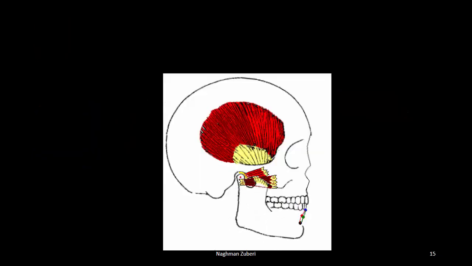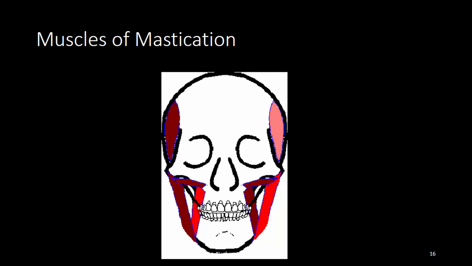When these muscles work in a coordinated manner, the chewing action takes place, like this. I'm not going into the detail of what are different movements, the working side and non-working side or balancing side, whatever, because that is beyond the scope of this lecture.